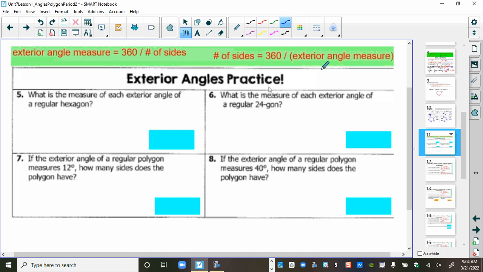So if you see exterior angles, right away the magic number is 360. That's all you're doing, taking 360 divided by whatever number.